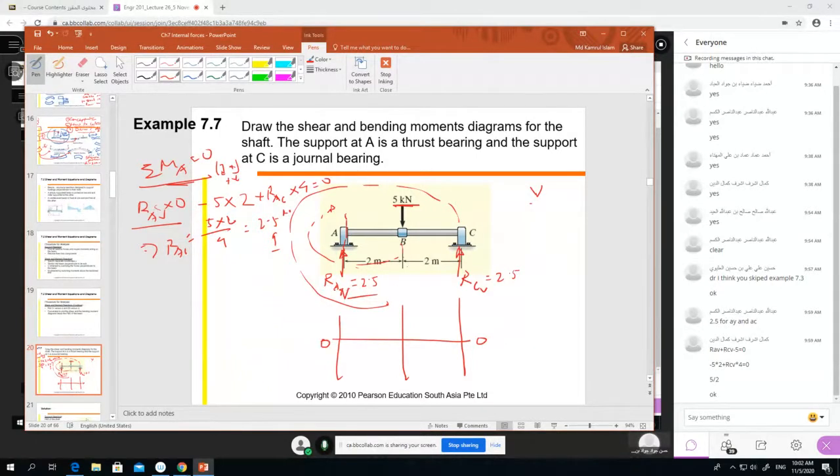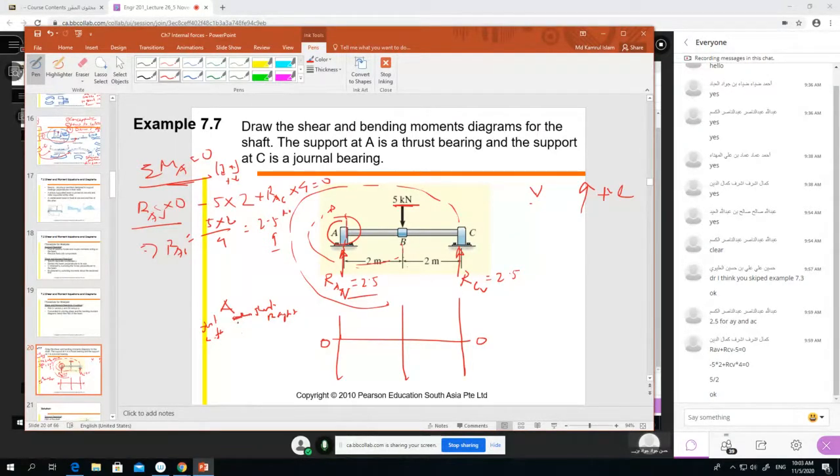Now we have an upward force here. Usually we assume upward is positive. So take this point A and imagine just a little bit to the left side and a little bit to the right side.